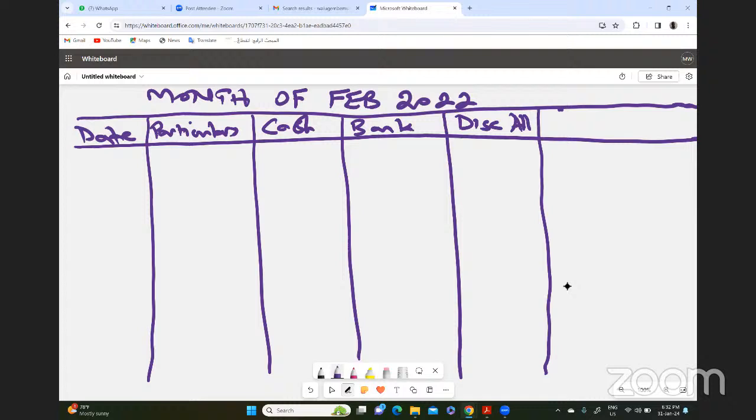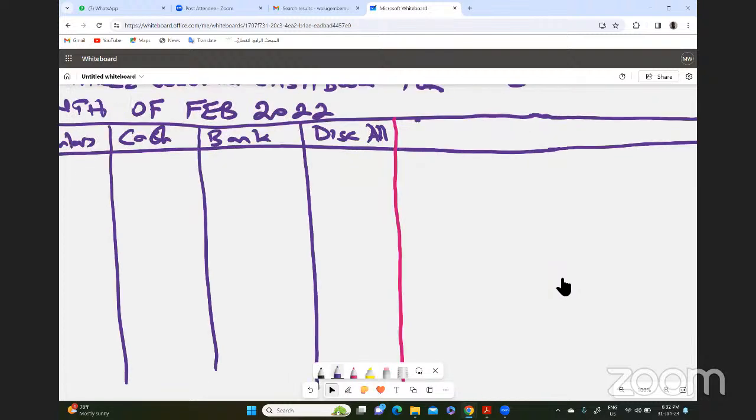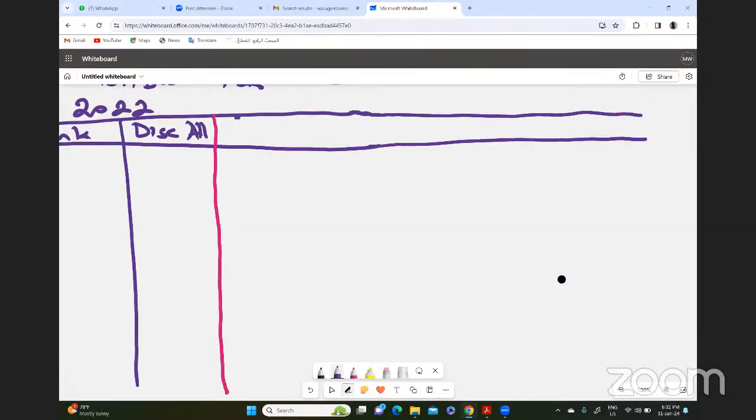Okay. So this is our, we say the ledger has 2 sides. The left-hand side. So that is our left-hand side. Now the same things are going to appear on the right-hand side of that ledger. So on the right-hand side, we shall have a date still. We shall have the same particulars or details.